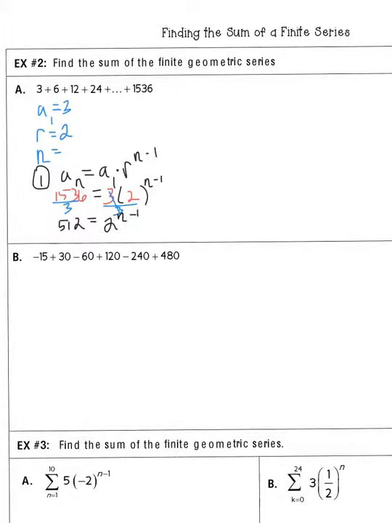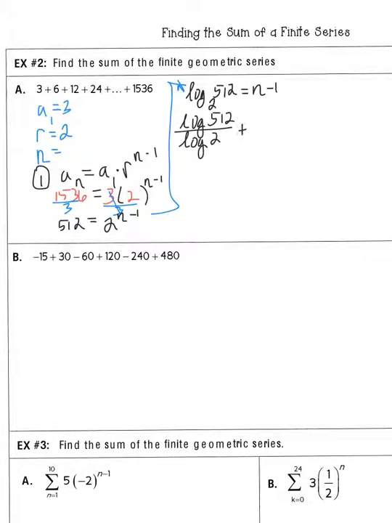Now because my variable is in the exponent, I have to use logs. So I'm going to convert this from exponential to log form. I'm going to have the log base 2 of 512 is equal to n minus 1. And so I'm going to use the change of base formula: log of 512 over the log of 2.